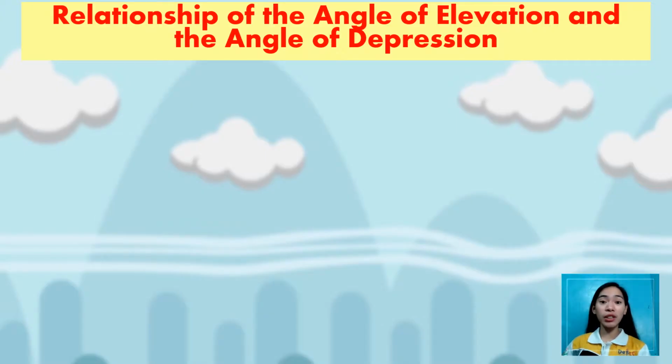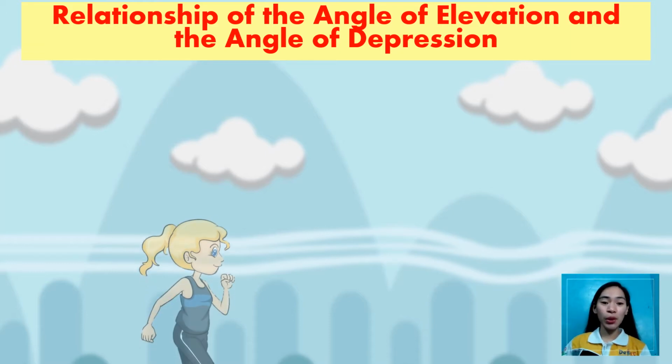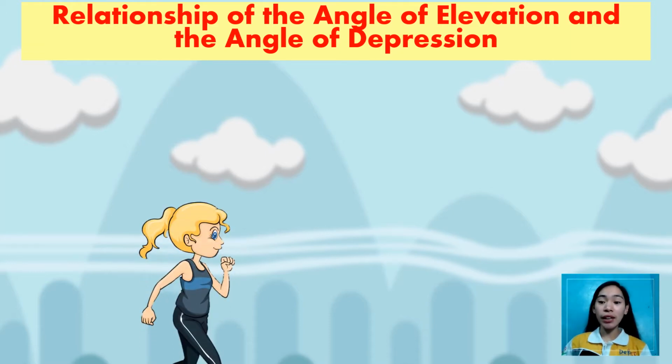Let us show the relationship of the angle of elevation and angle of depression in one illustration. Is it possible? Yes. Suppose we have a girl and a bird. From the perspective of the girl, let us draw a horizontal line of sight.